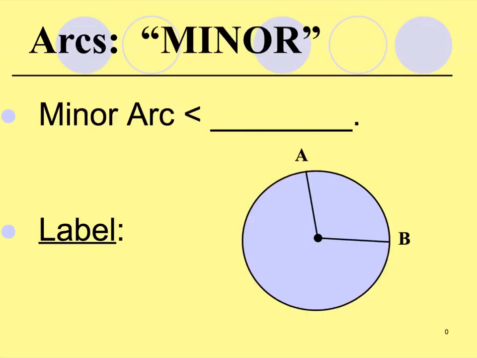On the other hand, a minor arc is less than 180 degrees, and that's this inside region right here, this little piece of pie. So that's a minor arc, and we also label it as AB. So we just use the term major arc or minor arc to distinguish for the arc AB.